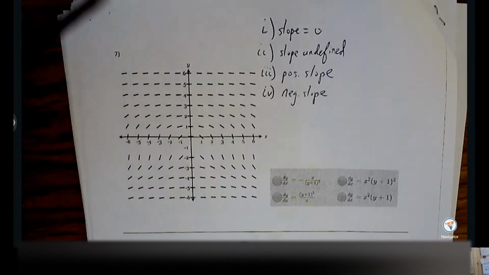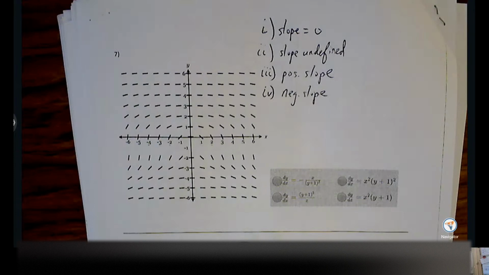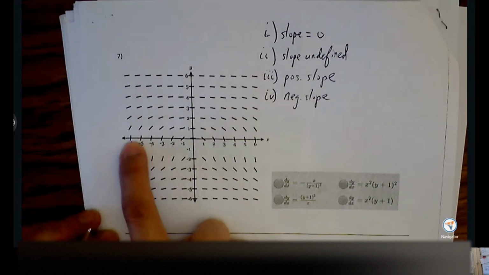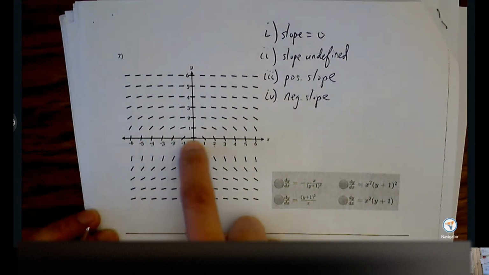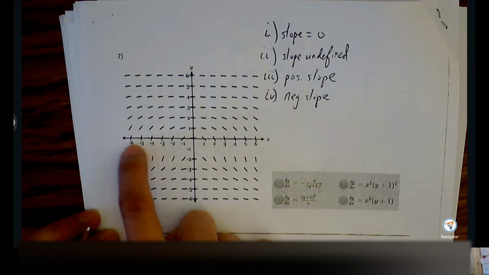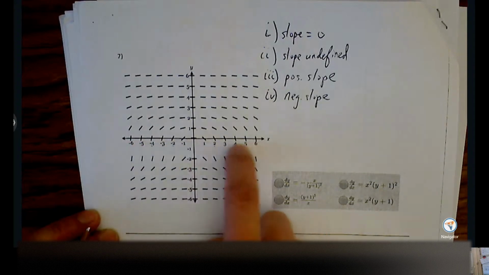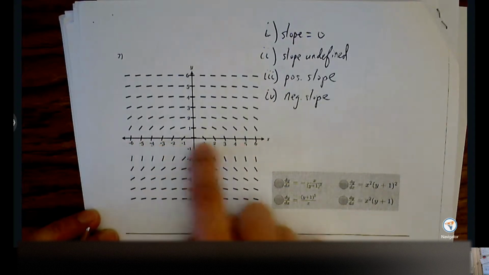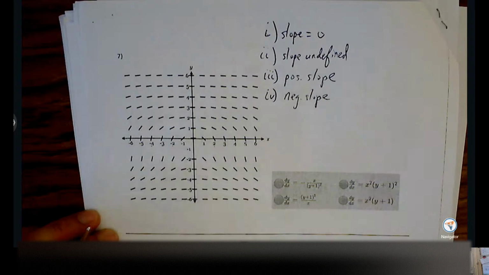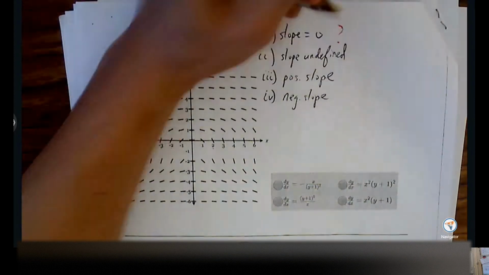So we can't really depend on that. So I'll put a question mark there. Maybe there is. Maybe it's being hidden behind the x-axis. Oh no, actually it's not, right? These are definitely slope segments. But sometimes it's hidden behind the x-axis that we can't see. So we'll put a question mark there.